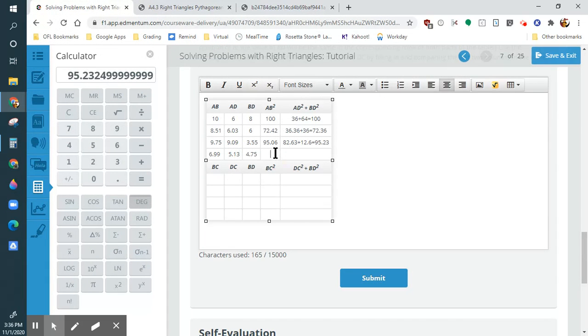And we're going to clear this: 6.99 times 6.99, and we're going to get 48.86. And here's this 5.13 times 5.13, 0.32 plus, clear this. We're going to do 48.